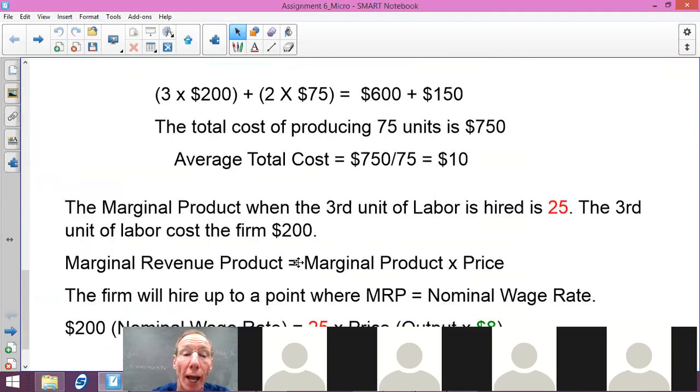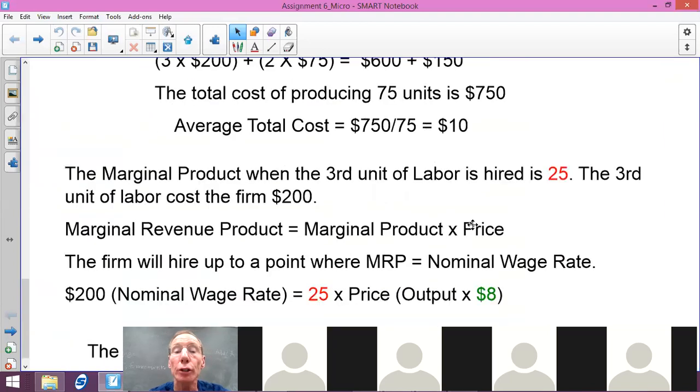So we know that. So the marginal revenue product in a perfectly competitive market is going to be the marginal product times the price, okay? The marginal revenue product is going to be the wage rate. And so we know that these have to be equal.